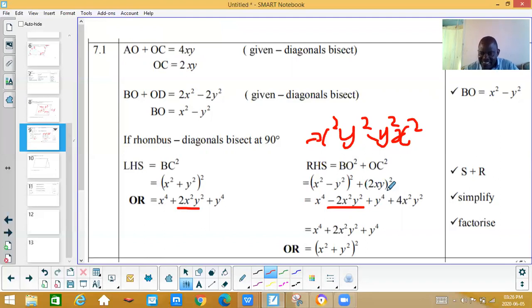And then you expand this one as well. Everything that is in the bracket is raised to the power 2. So 2 squared for x to the power 2, x squared y squared.